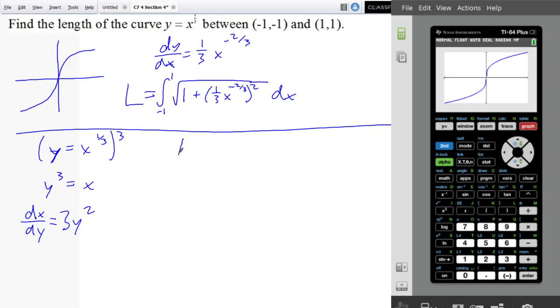So my arc length here is going to be equal to the integral, and now since we're doing this in terms of y, we want to use the y coordinates, which kind of sucks in this situation considering the x's and the y's are exactly the same, but just be aware that I'm using the y coordinates here. So from -1 to 1 of the square root of 1 plus (dx dy) squared dy.